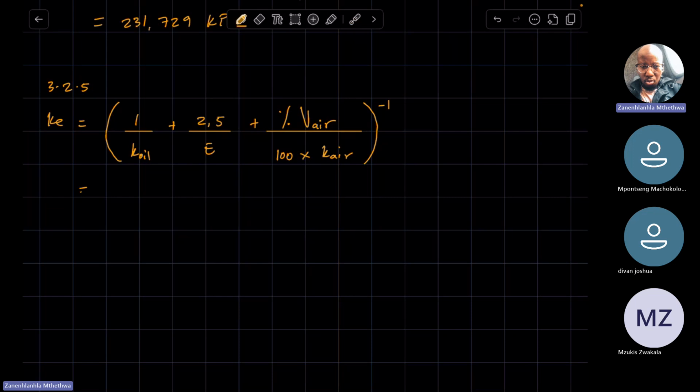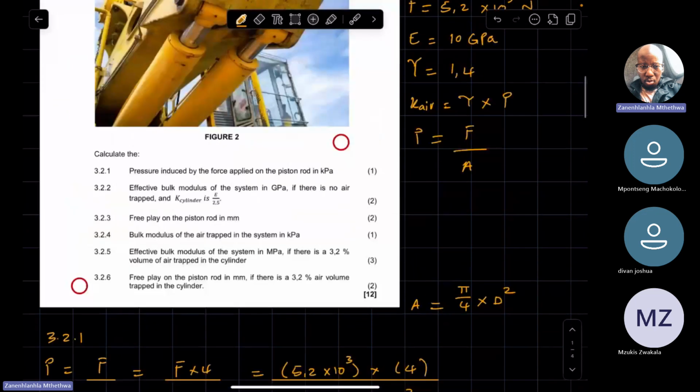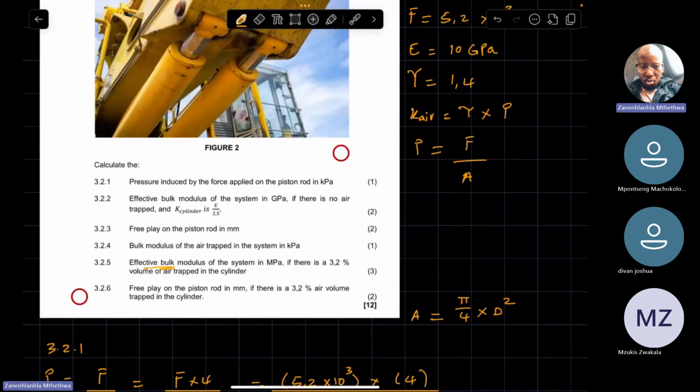Right, then all you do is substitute here. So you have 1 over K of oil, which is 1,95 gigapascals. Okay, now they did specify here they said the effective bulk modulus in megapascals. Right.